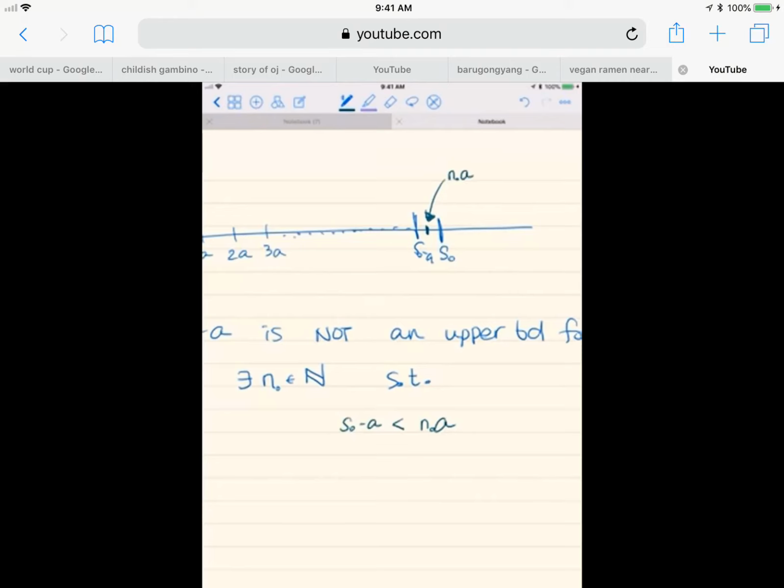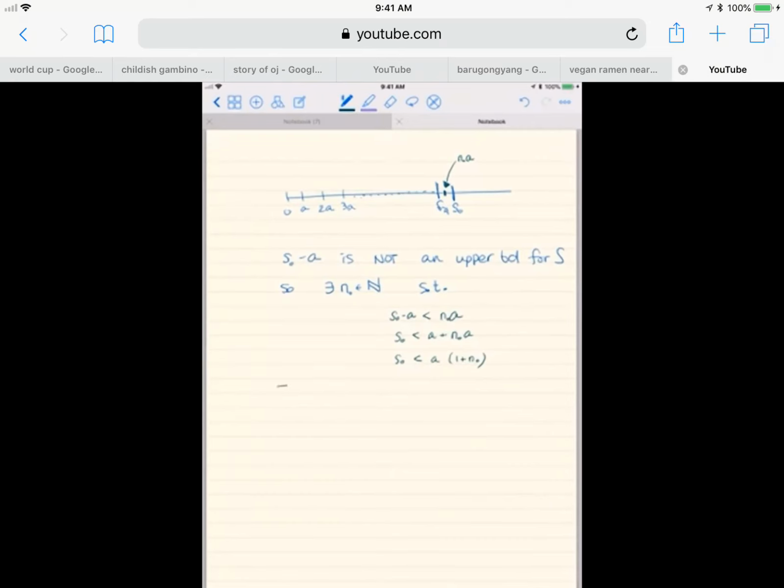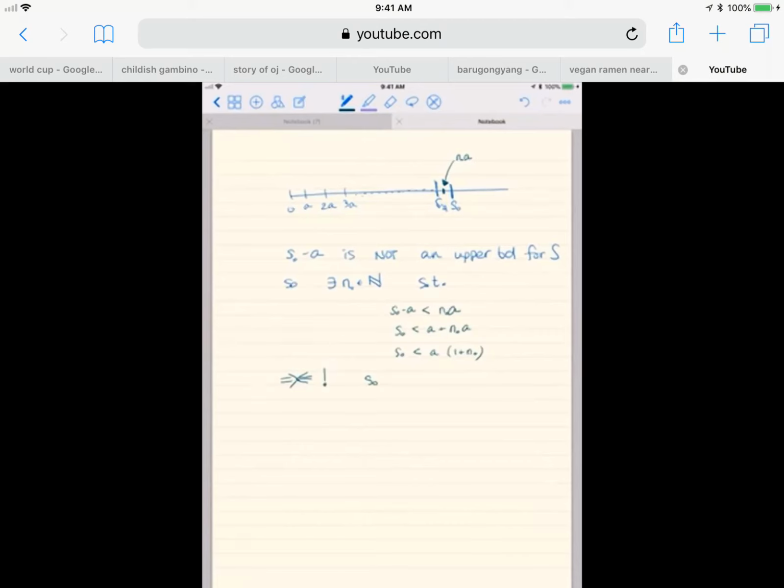But now we can rearrange to get that S naught is less than 1 plus n naught times a. And this is a contradiction to the fact that S naught is an upper bound of S, right? Because 1 plus n naught times a belongs to S.